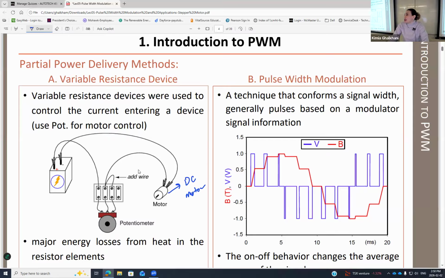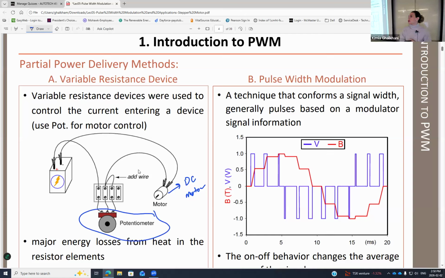Pay attention. This is really going to help you understand the lab tomorrow if you get this information from now. Years back, before having the PWM method, in order to control the speed of something like a DC motor, or even control its direction of rotation, a very traditional method was adding a potentiometer.